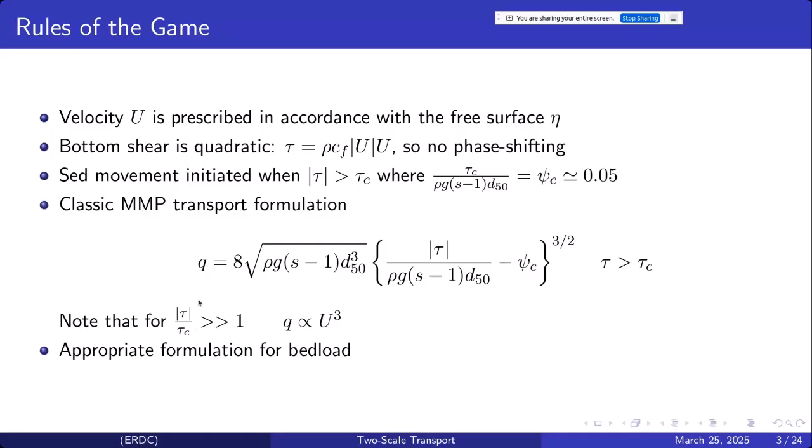And you'll note that if you have a large shear stress, that is, a tau much larger than the critical tau, then you have Q that goes like U cubed. So sometimes people call these energetic models, and they're also called U cubed models. They're commonly used, and they react instantaneously to the shear stress. So this is an appropriate formulation for bed load. We'll use this in our game today.